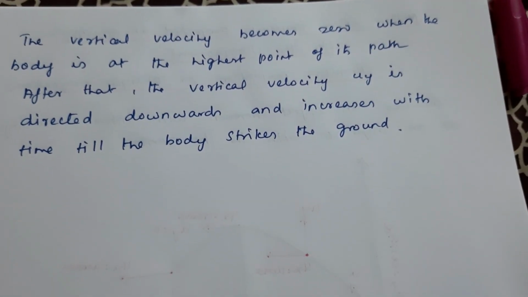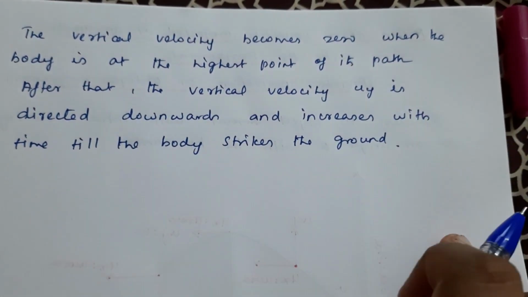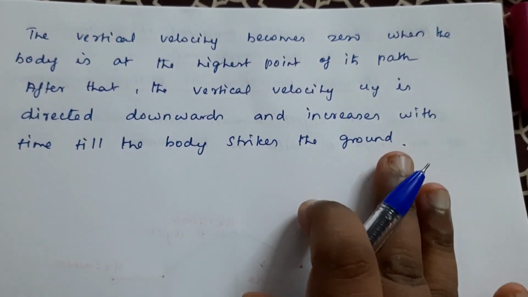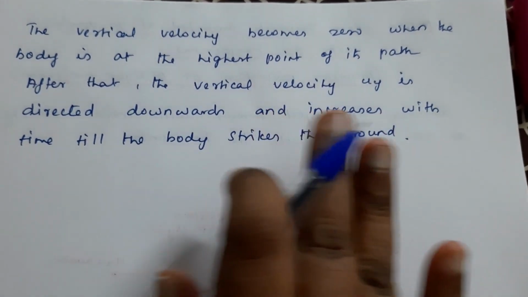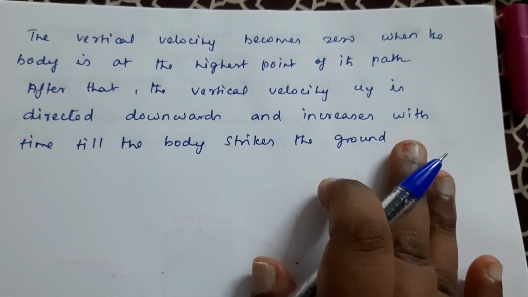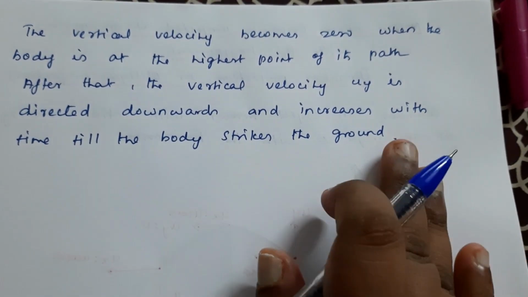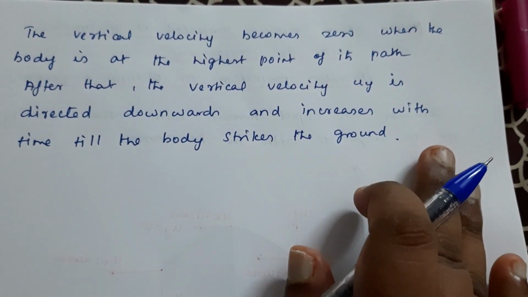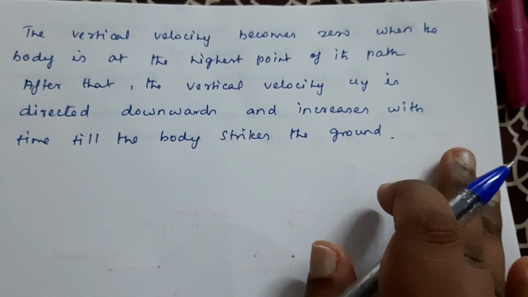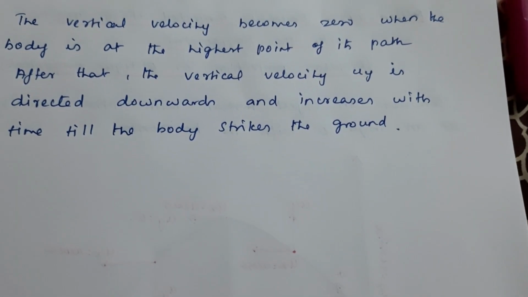So you should know how the vertical velocity behaves and also how the horizontal velocity behaves. The horizontal velocity remains constant, so the acceleration is equal to 0. Initially the vertical velocity decreases as it is against the acceleration due to gravity. At a particular point the vertical velocity becomes 0. After that the vertical velocity is directed downwards and it increases till the body strikes the ground.